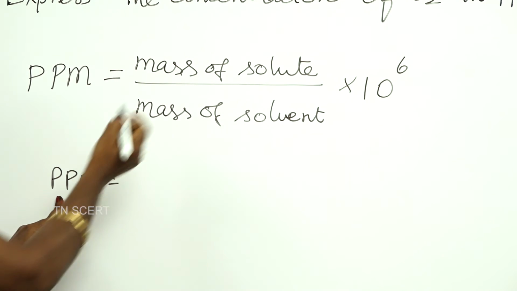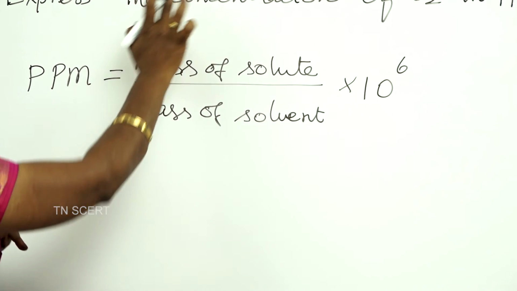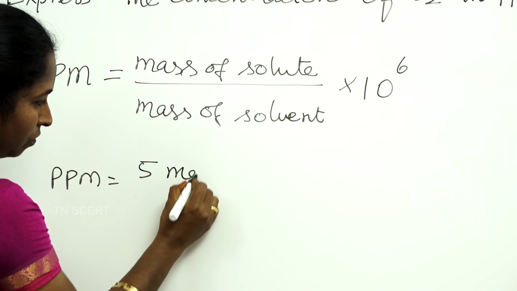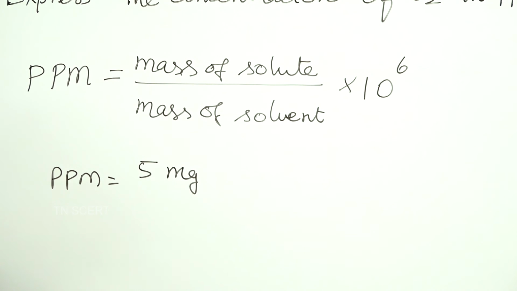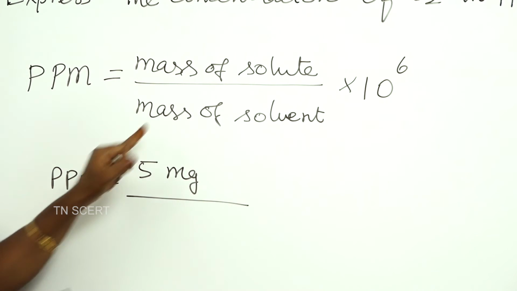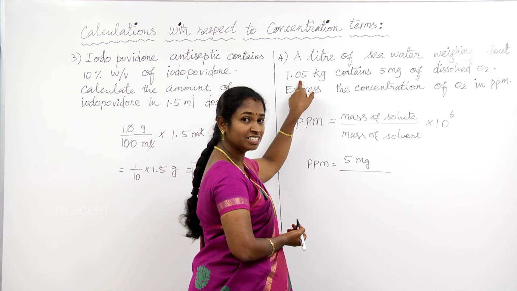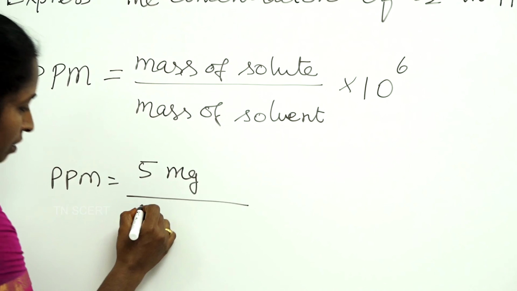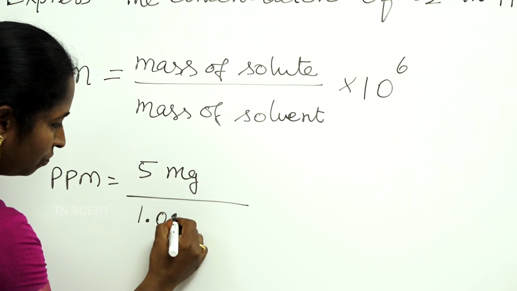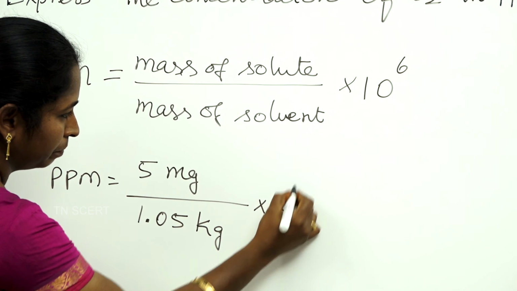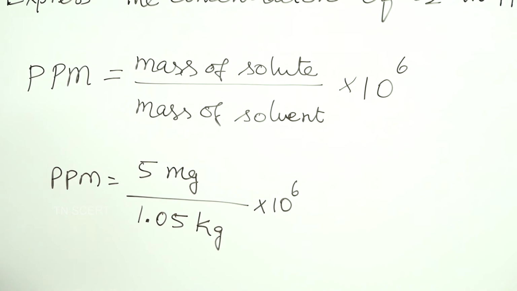So, ppm is equal to mass of solute, that is 5 milligram of solute dissolved in mass of solvent. It is given as 1.05 kilogram. So, 1.05 kilogram into 10 power 6.